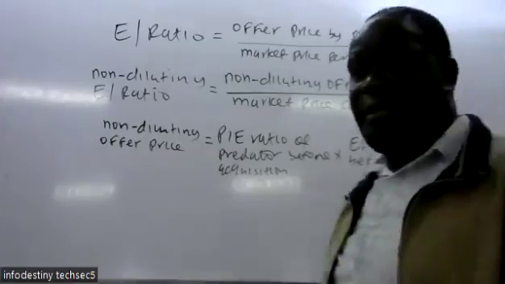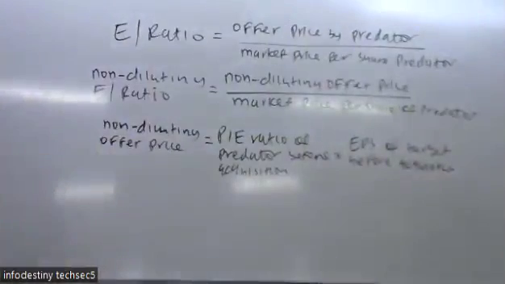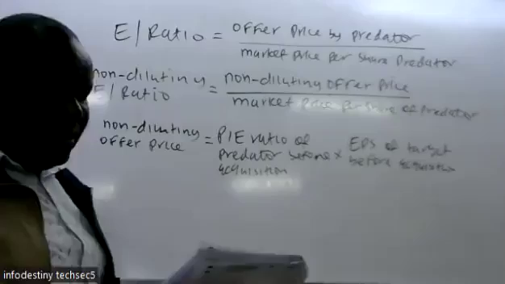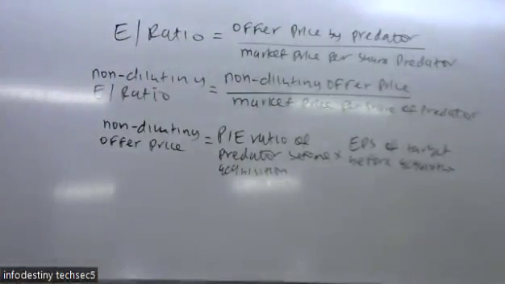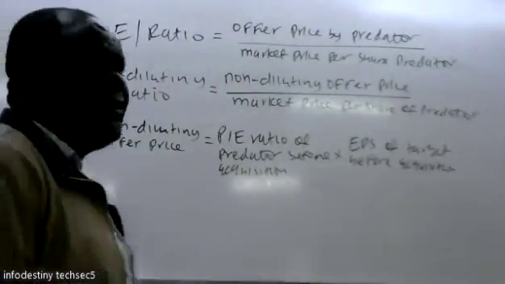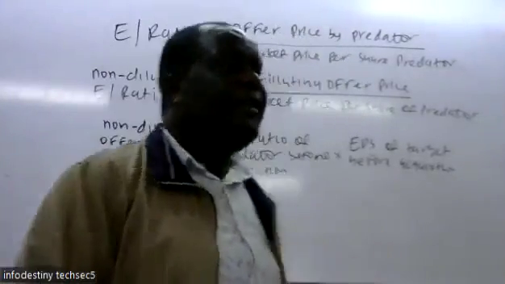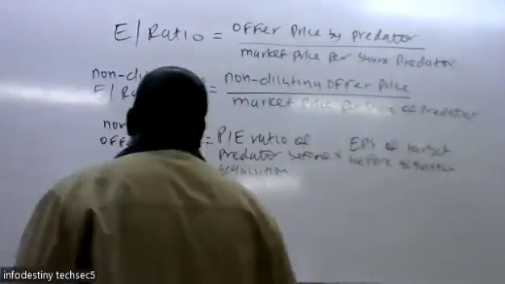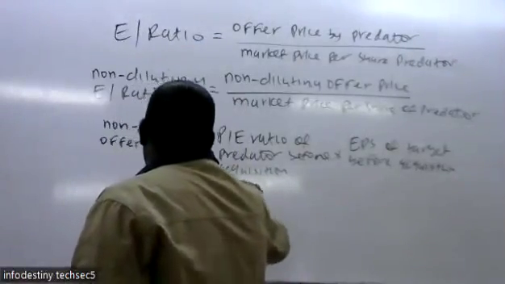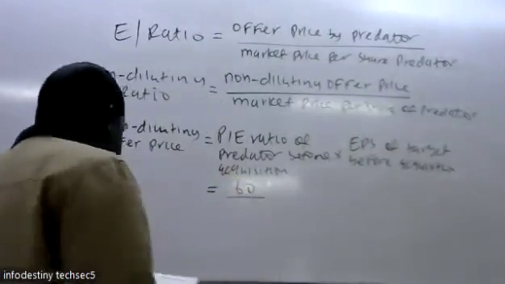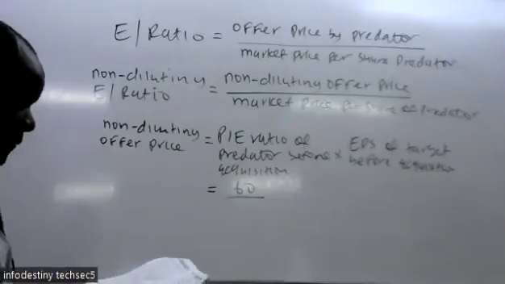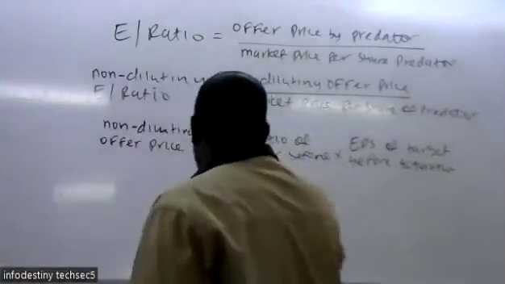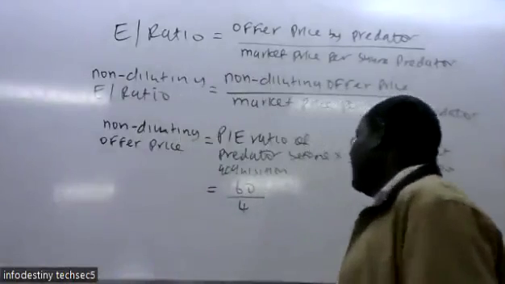A Limited is the predator, so let's check under A Limited. What do we have as the market price per share? We have a price of 60. You take 60 and divide by the earning per share of A Limited, which is 4. That gives you the price earning ratio.